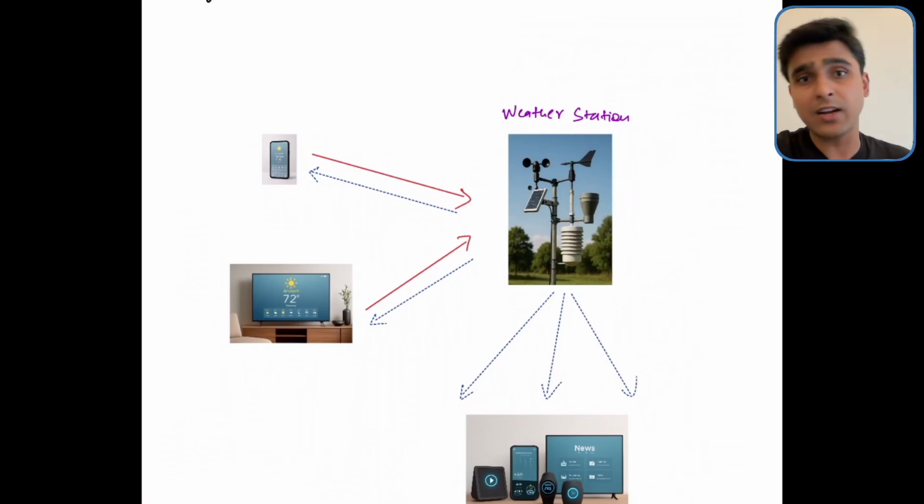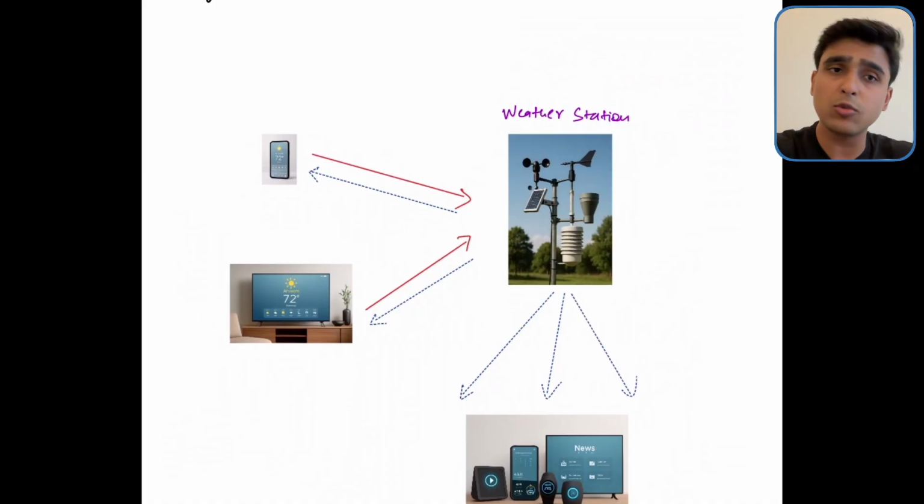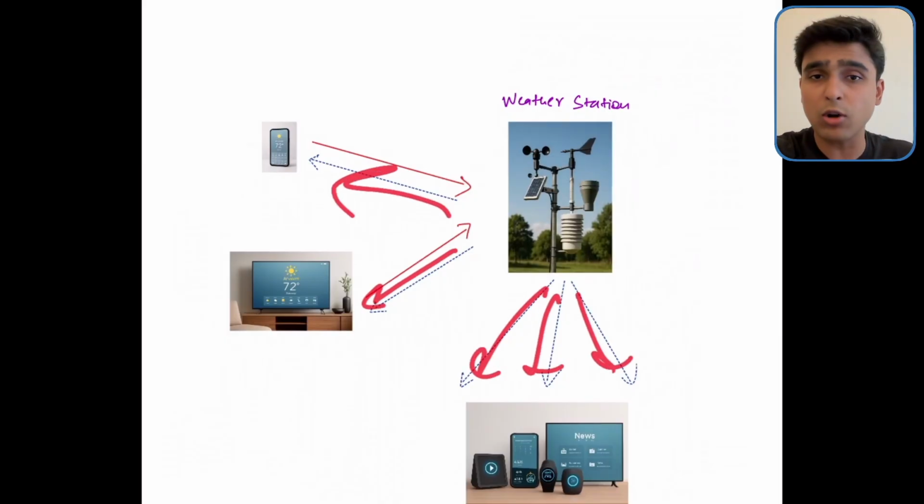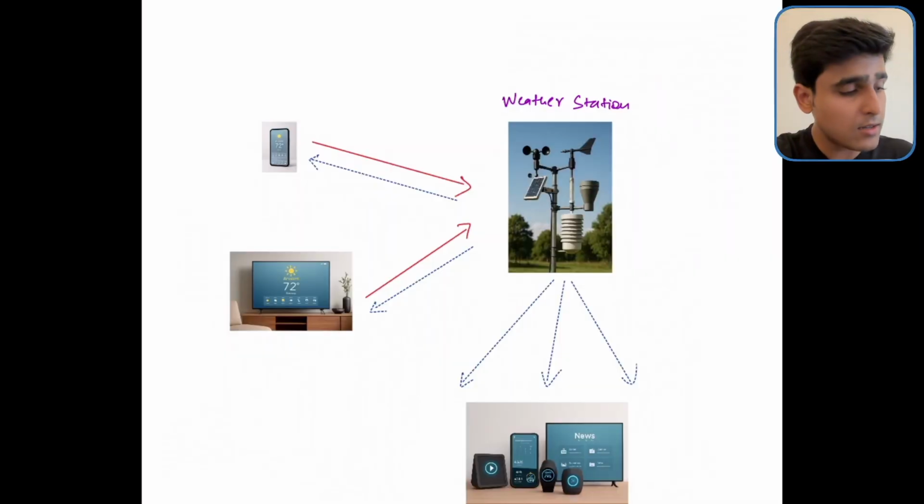Now the second way is for the weather station to notify all of the interested devices. But in this case you can see, if the weather station started emitting all the events to all the devices, it might send notifications to devices which are not even interested at this point. So there are two ways, and both are suboptimal.